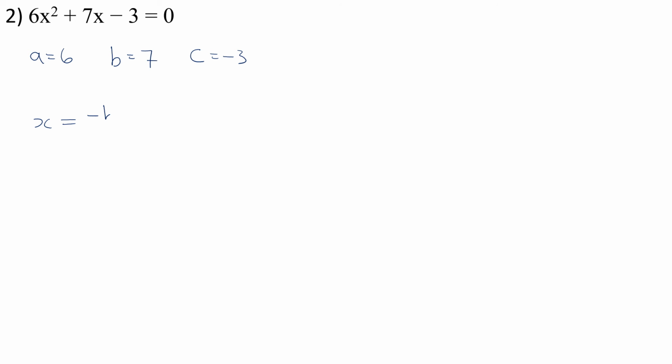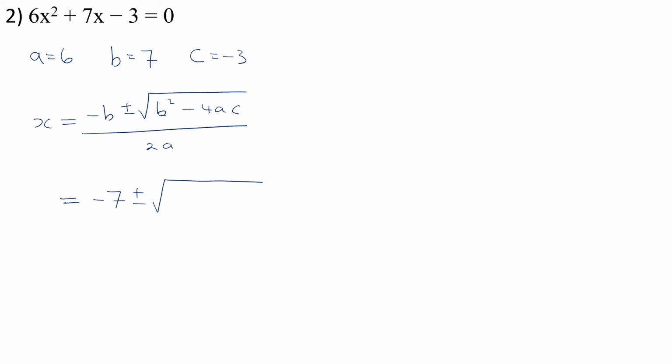And then I will state my formula. So x is equal to minus b plus or minus the square root of b squared minus 4ac, all divided by 2a. And now that I have that, I could substitute my values. So b is 7, so that will be minus 7 plus or minus the square root of 7 squared minus 4.